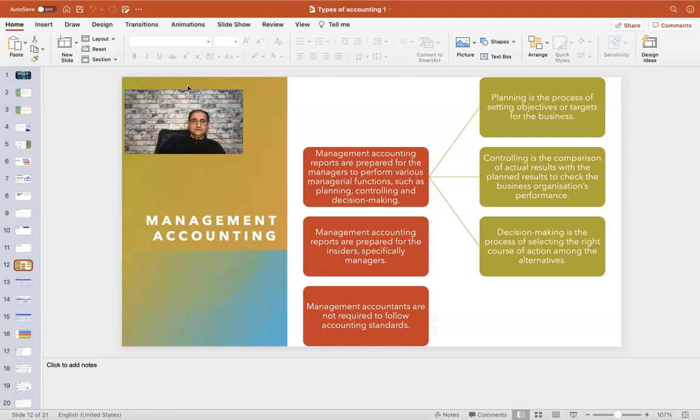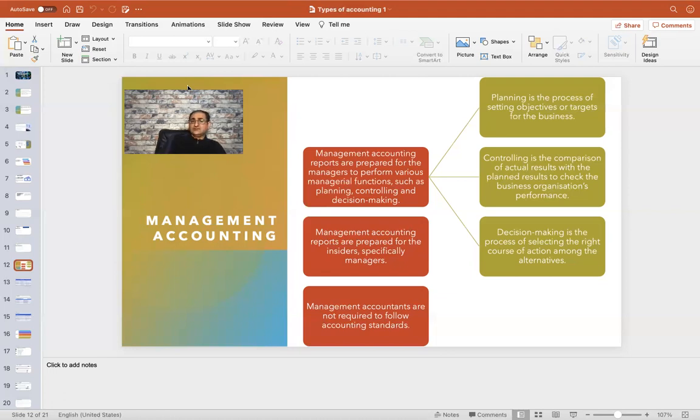For example, an organization has set the target that we will generate revenues of £1 million in the following year. So £1 million of revenue, this is the target. Okay, so that is a plan. So the next is controlling.